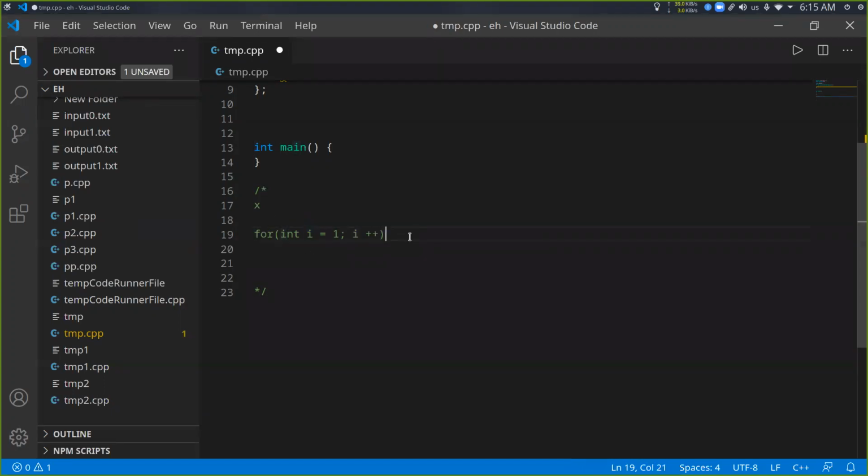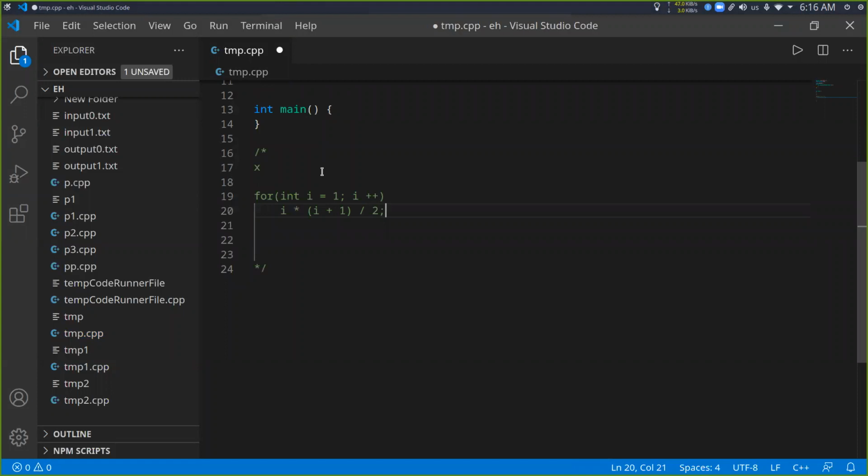If I want to get the sum of these, it will be i times i plus 1 over 2. That way I can get the number of ways of forming x by consecutive integers, but with the condition that they start from 1.